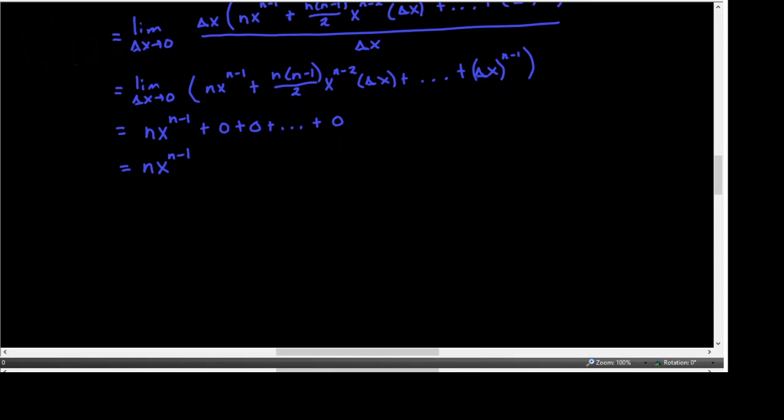So what we've proven so far is that the derivative of any power of x, where that power is a non-negative integer, is n times x to the n minus 1. What you may hear me say is take the exponent of x, bring it down in front as a coefficient, and reduce the power on x by 1. That's how I remember this rule.